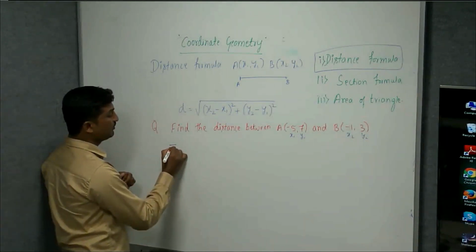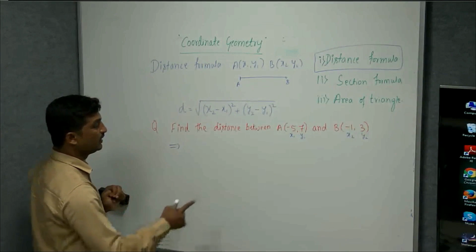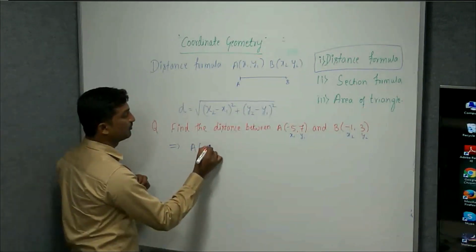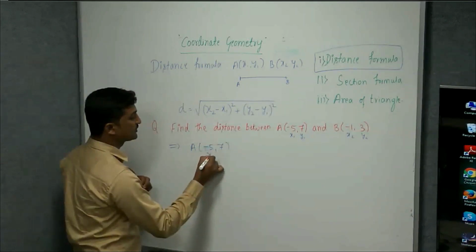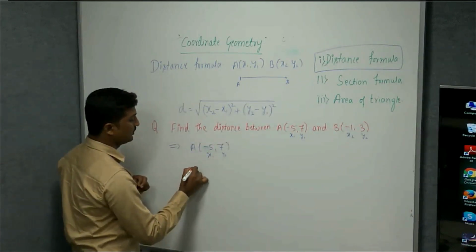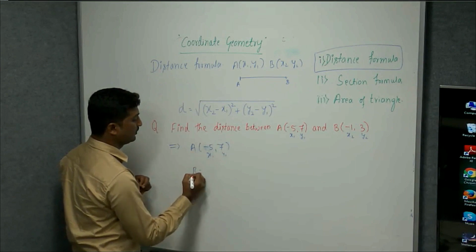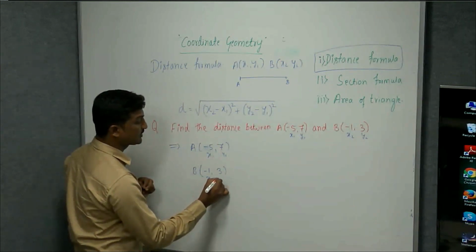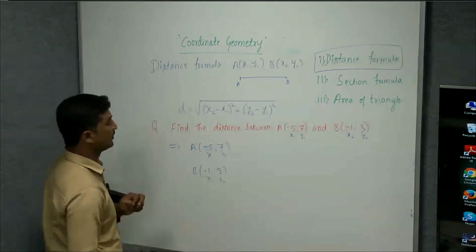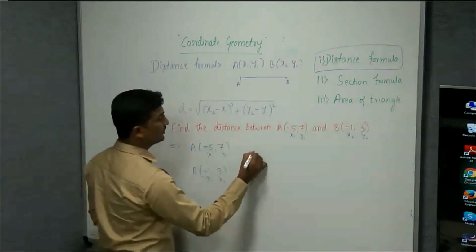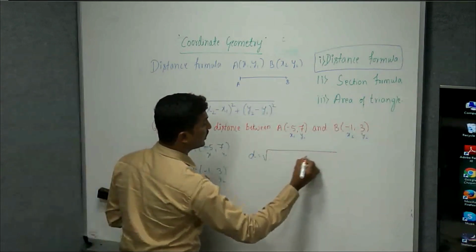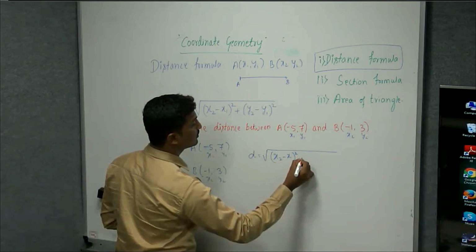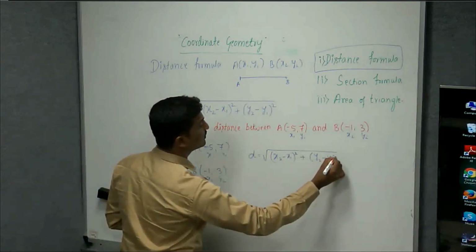Now in your solution, first write down A, that is minus 5 and 7. This is x1 and y1. Point B, minus 1 comma 3. This is x2 and y2. Now write down once again this formula, D equals square root of x2 minus x1 whole square plus y2 minus y1 whole square.